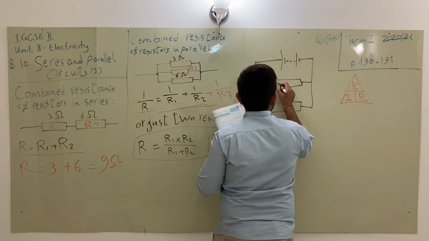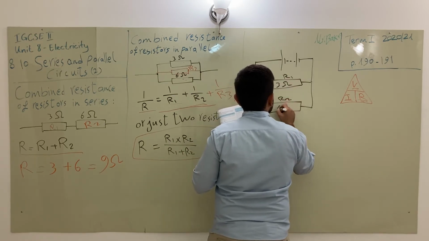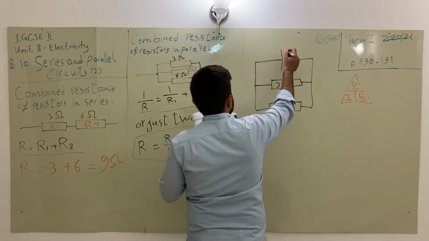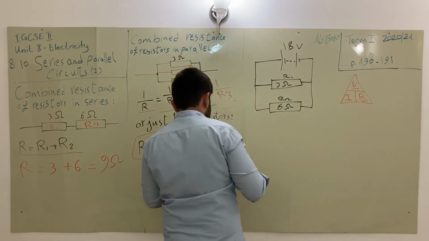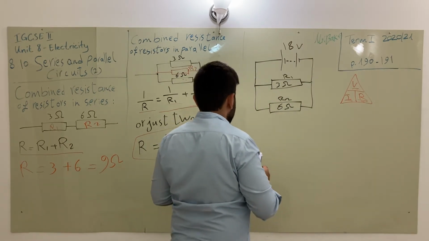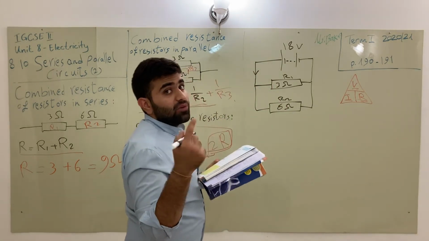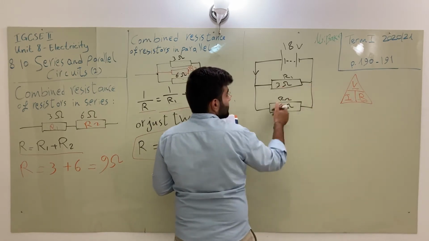So first resistor 3 ohm, R1, R2 6 ohm. The voltage is 18, as last time, and here now we have what? More than one current.